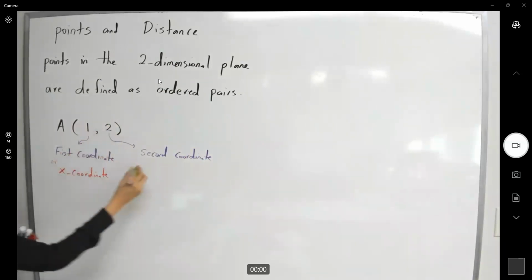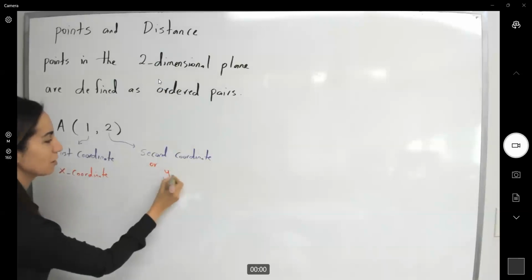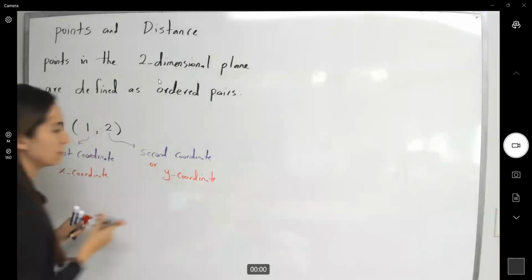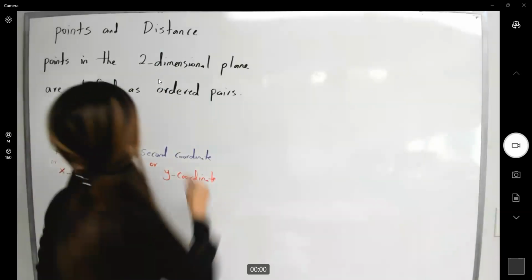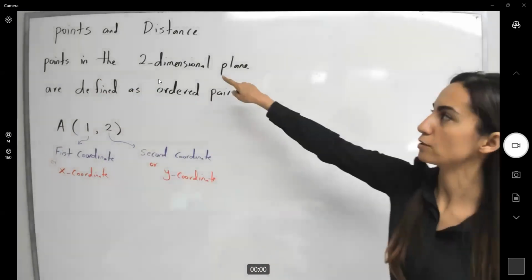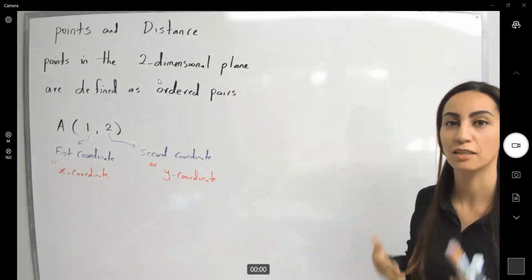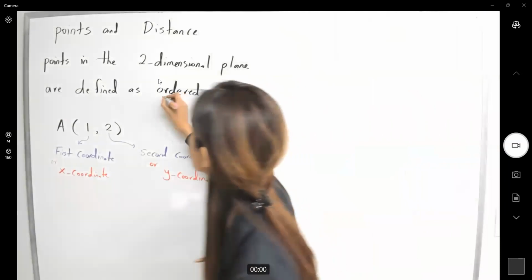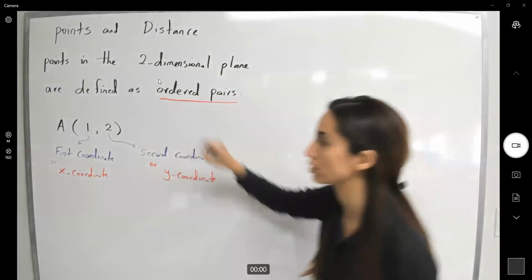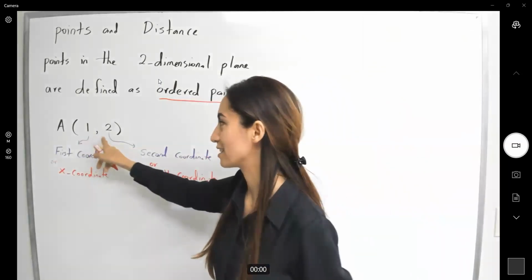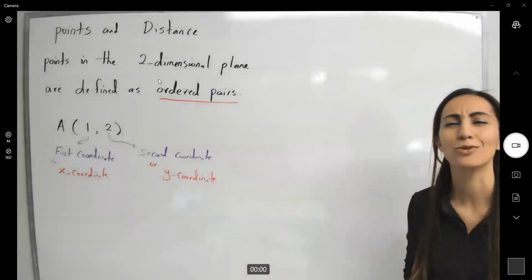Second coordinate 2, or we call it y coordinate. So we say that points in the two-dimensional plane are defined as ordered pairs. The order is important. That's why we call them ordered pairs. The very first thing is x, and the second number is your y.